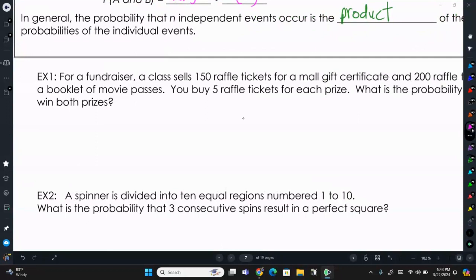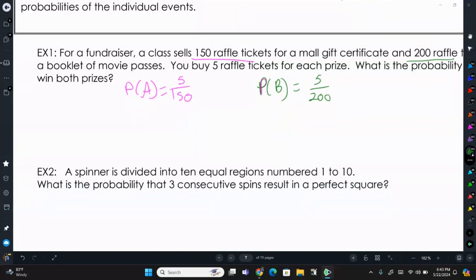So the probability that you win the mall gift certificate is 5 out of 150, and the probability of B, that you get the movie pass, is 5 out of 200, because you have 5 tickets out of 200 total.